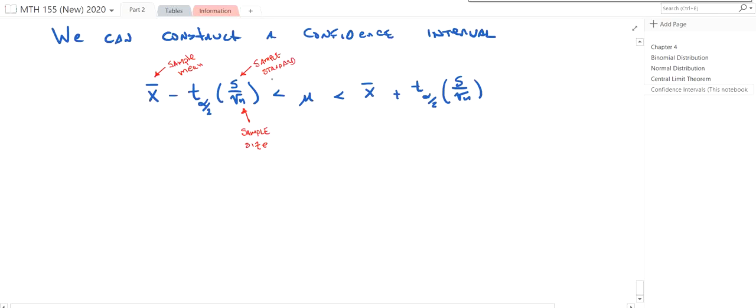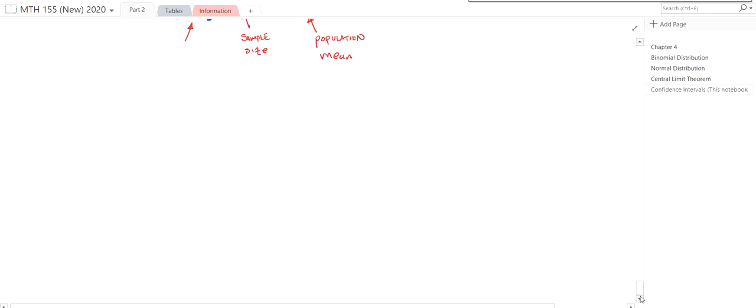And t we get from the t-curves based on this alpha. We'll see that. And of course over here, mu is still our population mean. It's what we want to try to figure out, get some idea of. Okay?